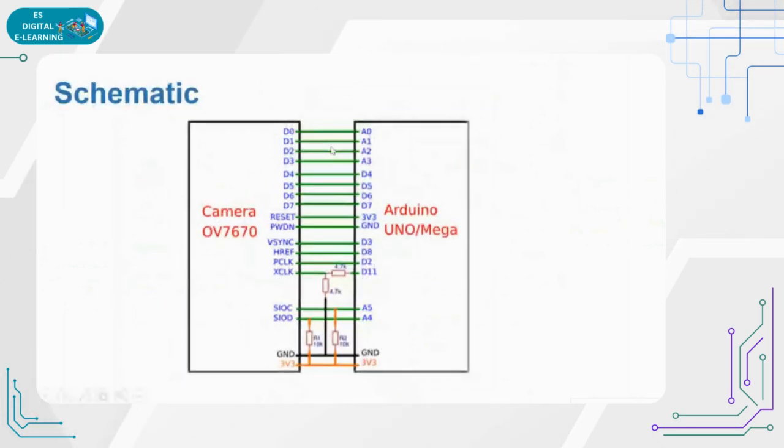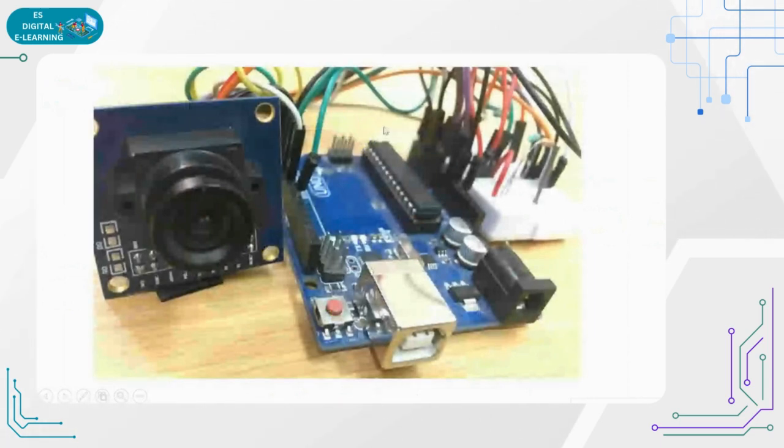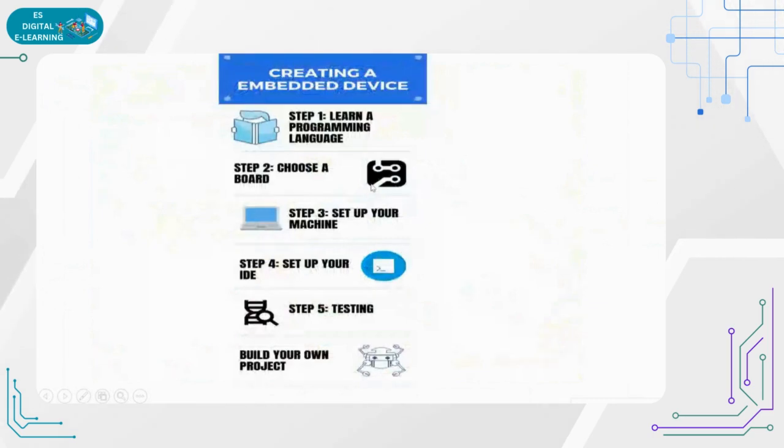With the help of the schematics, we connect the camera and the controller, and we need to do the programming. So how do we create an embedded device? We need to understand the programming language, choose the board, and understand what the requirement exactly is, whether you need to connect a camera or any switch.